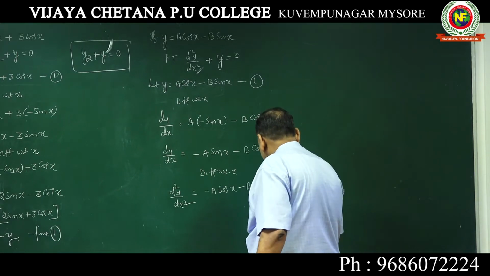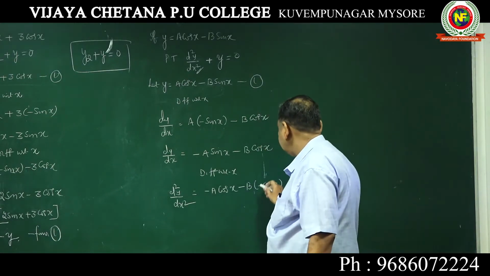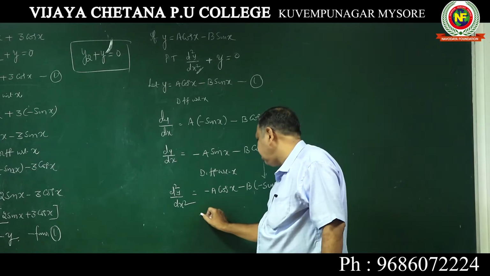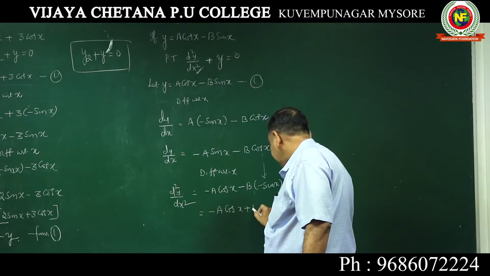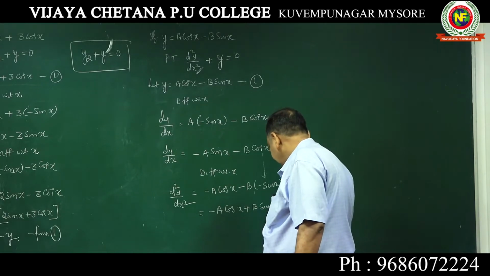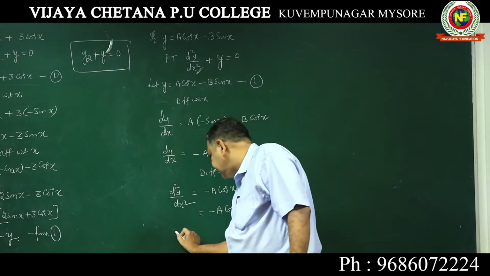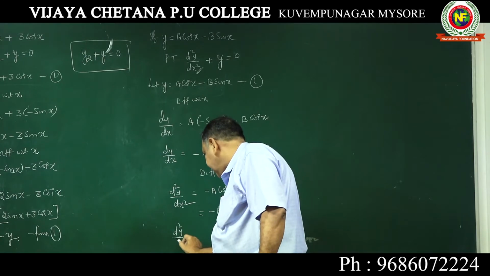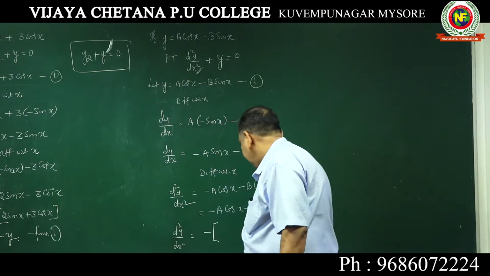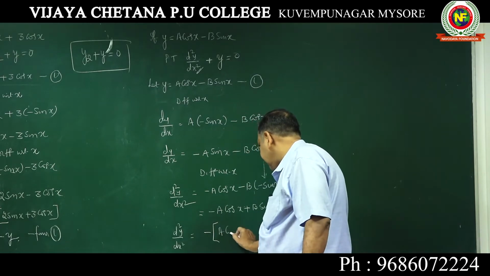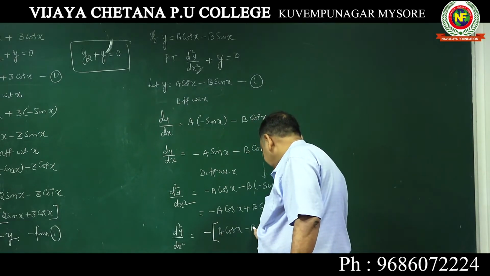Cos x differentiation starts with minus, it is minus sin x, so it is minus a cos x plus b sin x. Minus into minus b. So d square y over dx square is equal to minus, taking minus outside, a cos x minus b sin x.